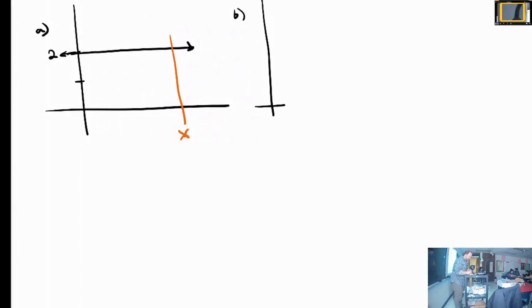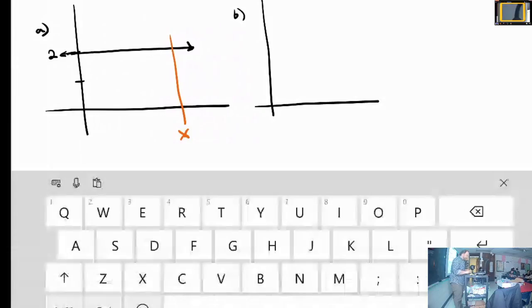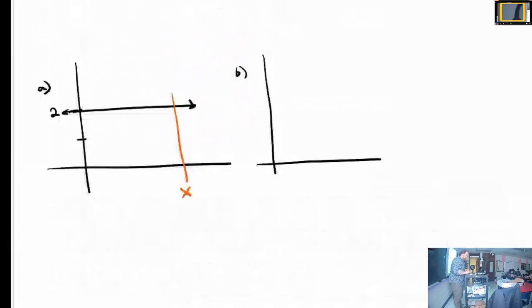What's the second one? Is it 4 something plus something? 5x plus 2.